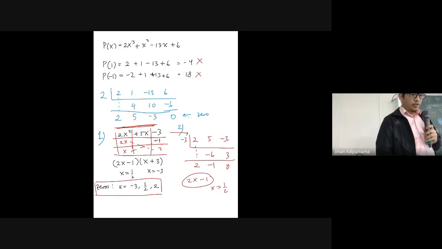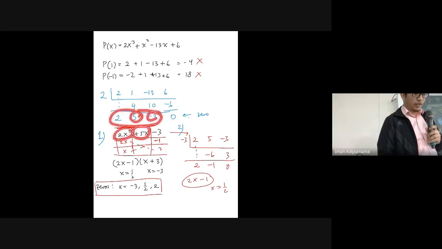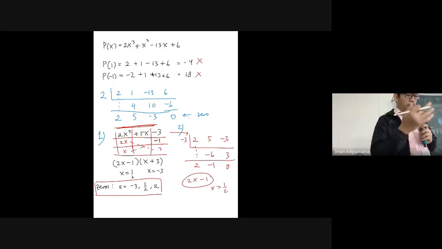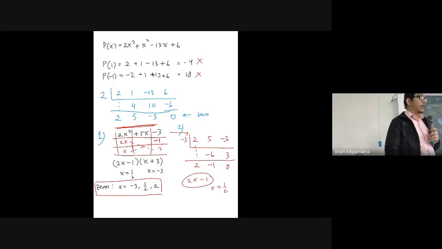And then we can also check this part, 2x squared plus 5x minus 3. If this expression is easy to factorize, then just factorize. But if you get this question in the exam and feel nervous, not sure whether it is correct or not, then just divide with another number.